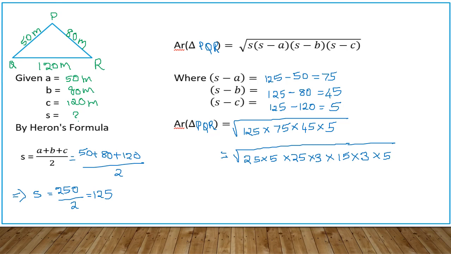Now if you are pairing these values, okay, let us take this one. Now 25, there is a pair for 25, there is a pair for 5, then there is a pair for 3 as well. So 15 is the only value that is left out. So we can write these values here again.